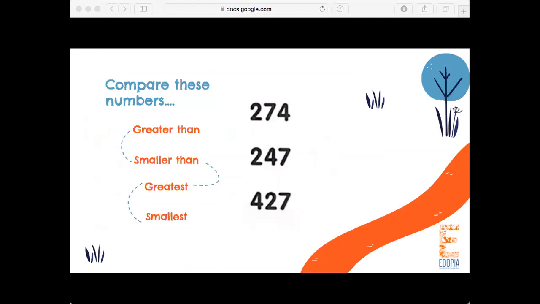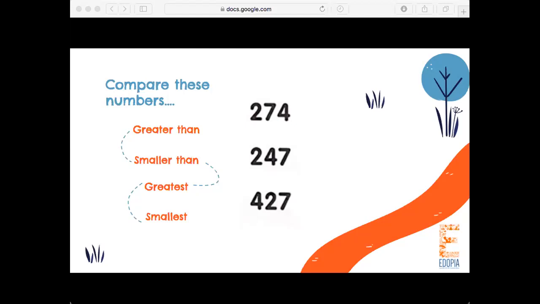Now let's compare these numbers in a similar way. The three numbers are 274, 247, and 427. The three-digit numbers comprise of the same digits, but over here, their places determine the value of each digit in the number. Let's begin comparing now.